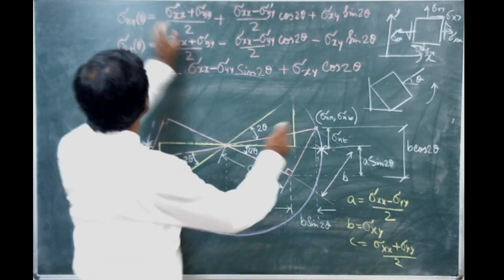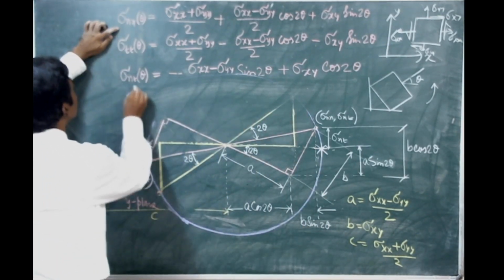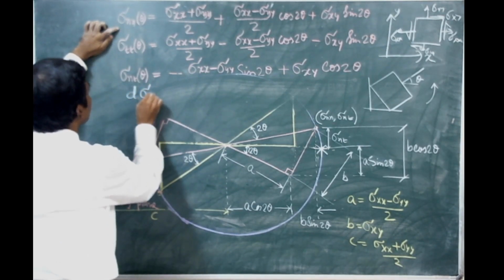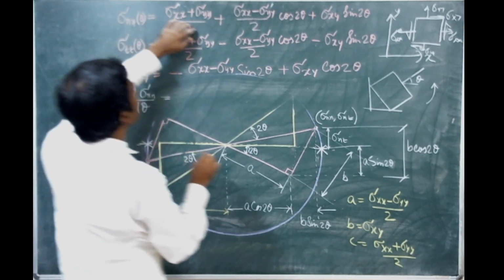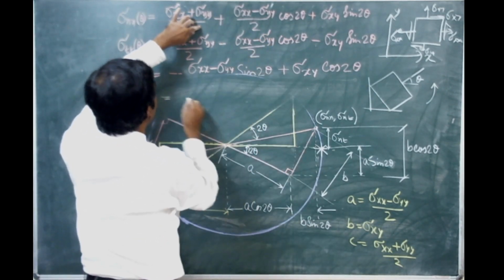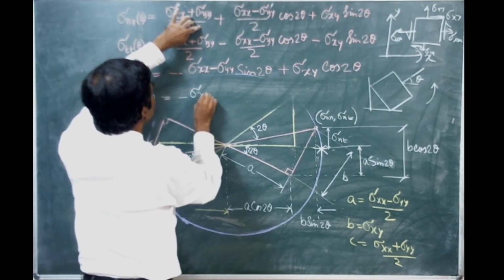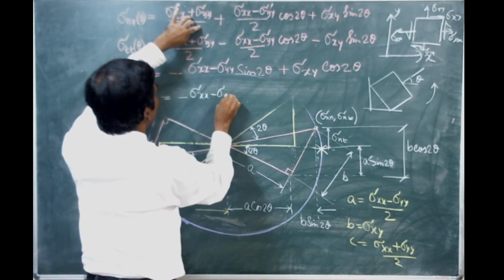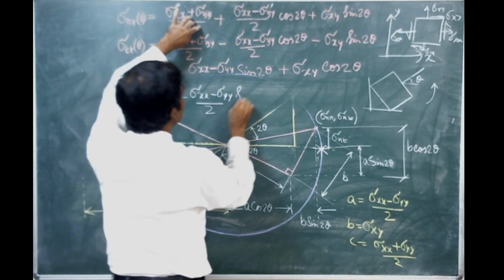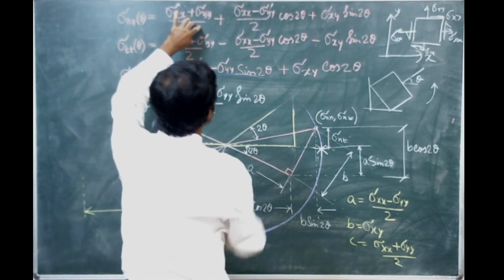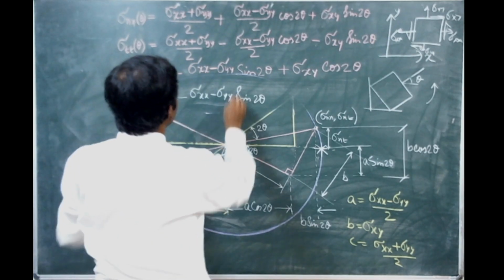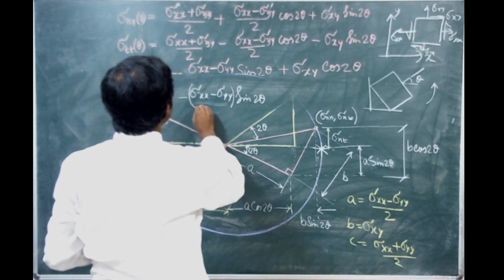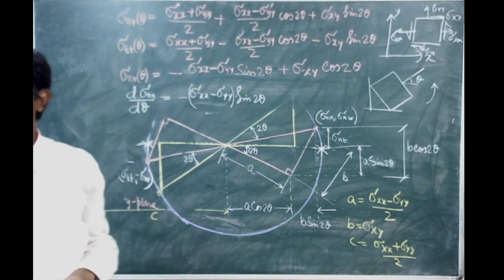So if we differentiate sigma nn, d sigma nn by d theta, this is a constant that goes out, so minus sigma xx minus sigma yy by 2 sin 2 theta. Then 2 is multiplied, so the 2 will be gone.